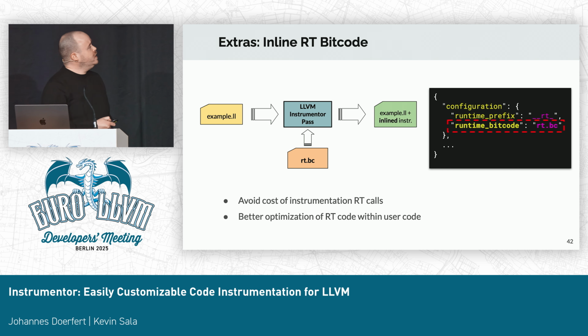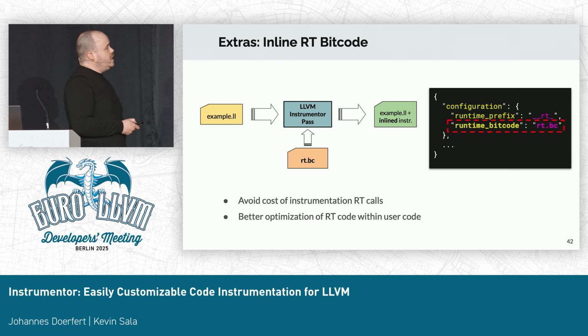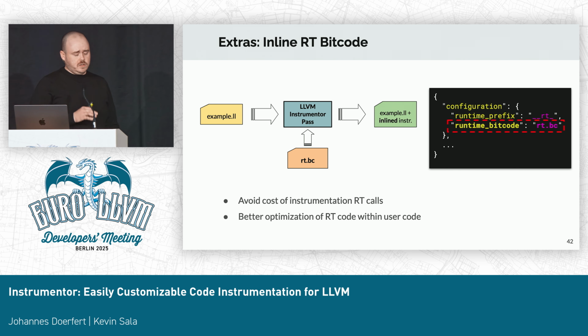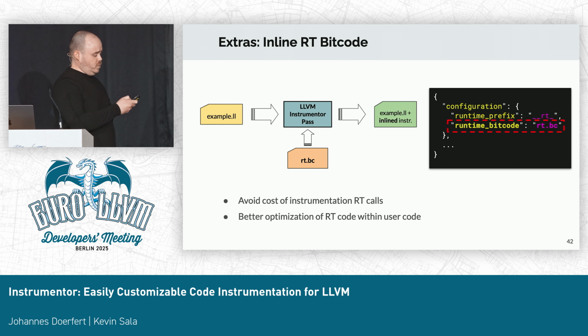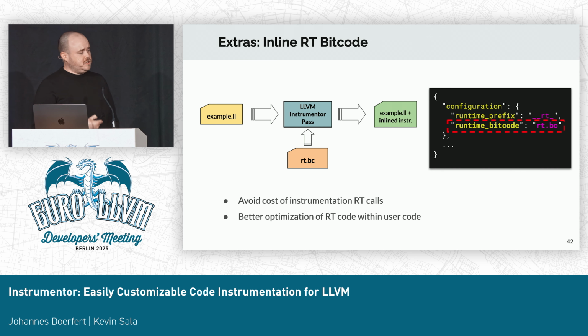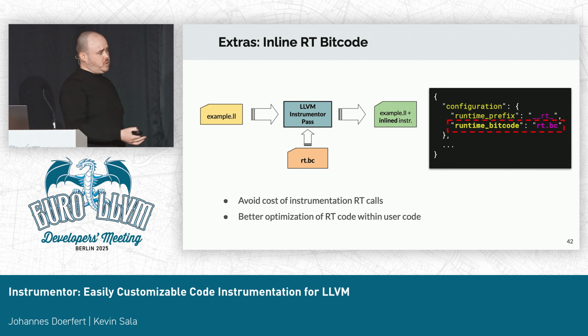And finally, the last extra is that we allow for optimization of the instrumentation. Instead of having calls to the instrumentation library, we can provide here, using the runtime bitcode option, the name of a bitcode file that contains the implementation of your runtime component.